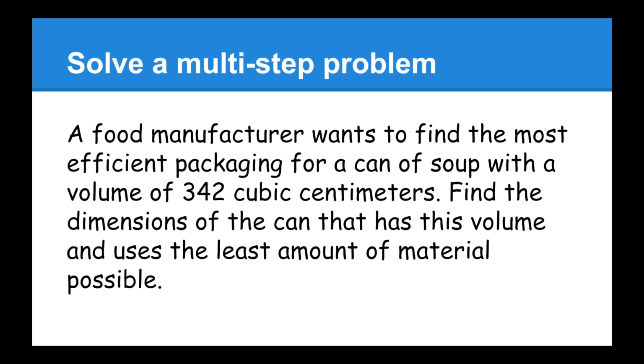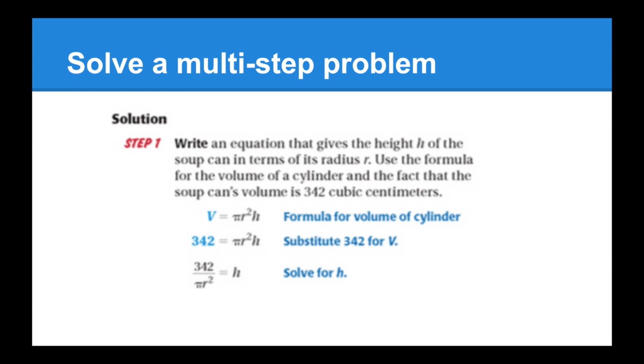Alright, we're going to solve this problem. So for this one, we need to write an equation. In terms of the radius, this soup container looks like one of those Campbell's soup cans made by Andy Warhol. You know that famous drawing, right? It's a very good drawing.